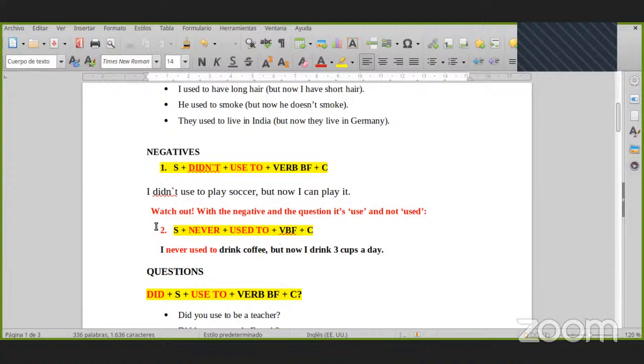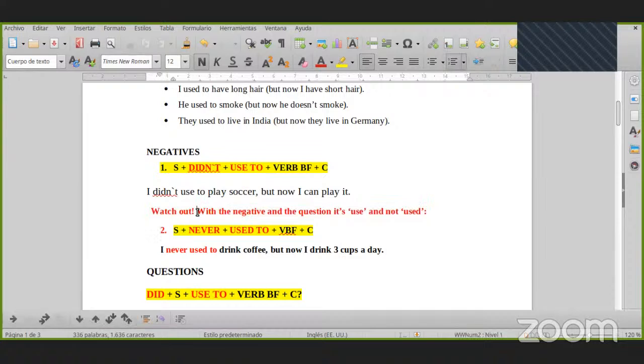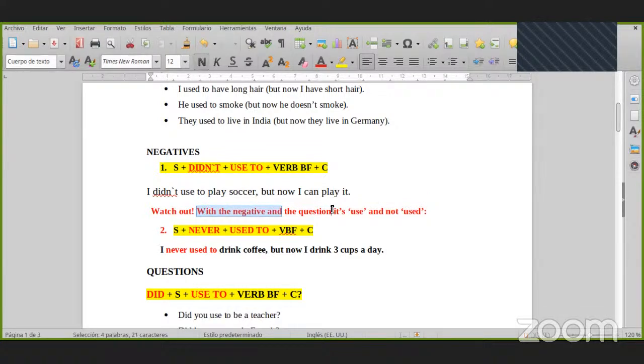So, the most important instruction that we have here is to watch out without the "d". With the negative and questions, we use "use" without the "d". We don't use "used", we just use "use".